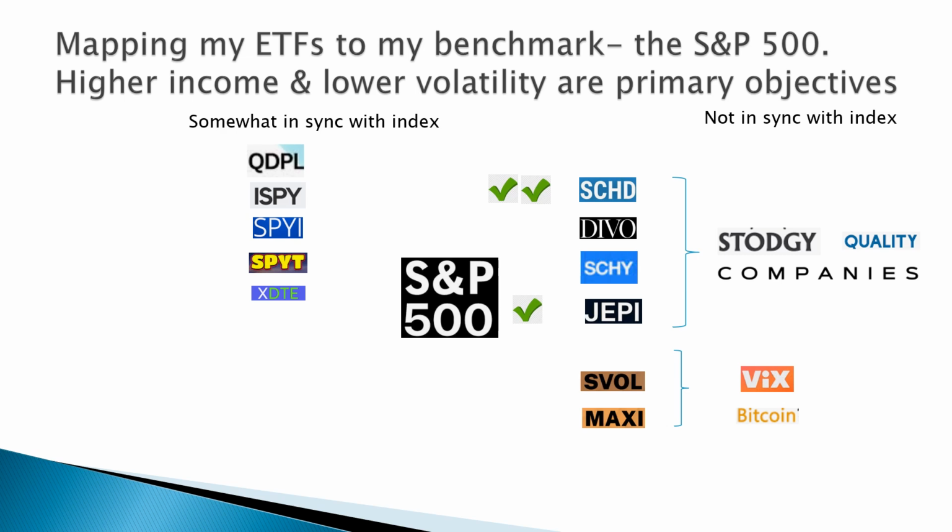SPYT is probably my second favorite after QDPL, and it's from Defiance, and the guy there that I respect is a guy called Jay Pestrichelli, and looks like a very experienced person. And what SPYT does is it's a call spread, and I love the strategy because what they're doing is selling a call just above market price and then buying a call a bit higher than that.